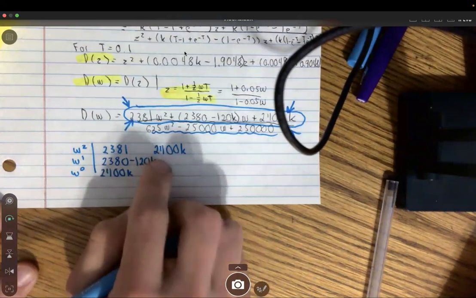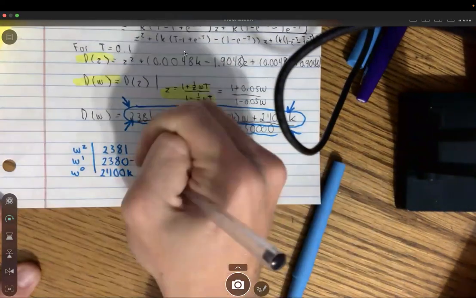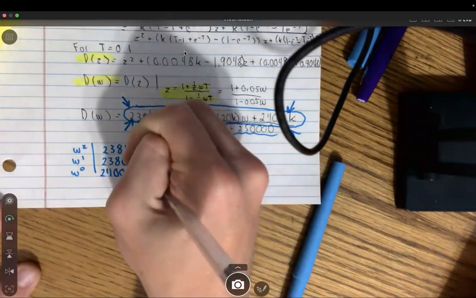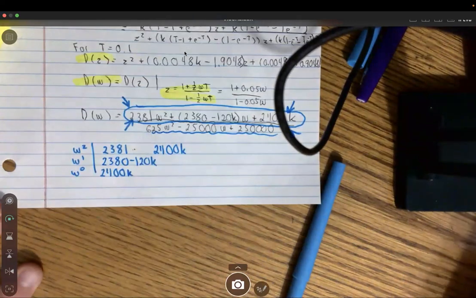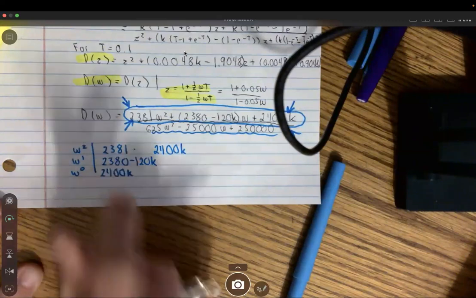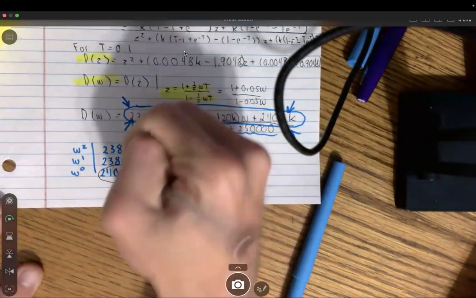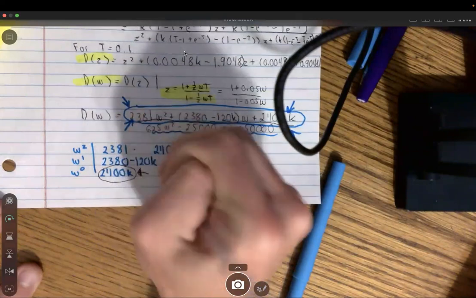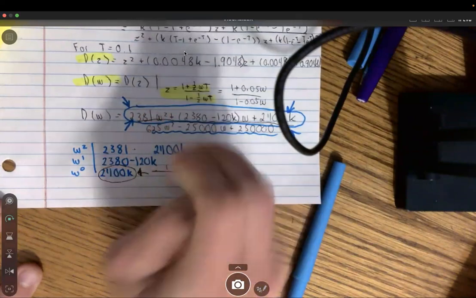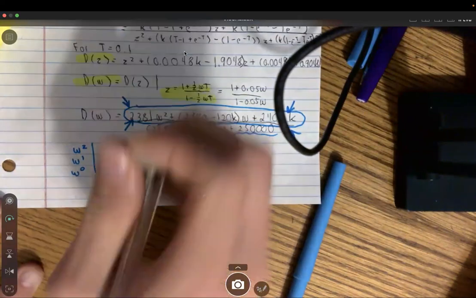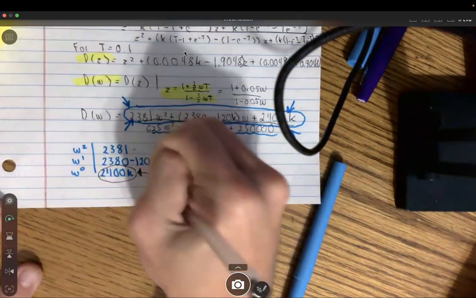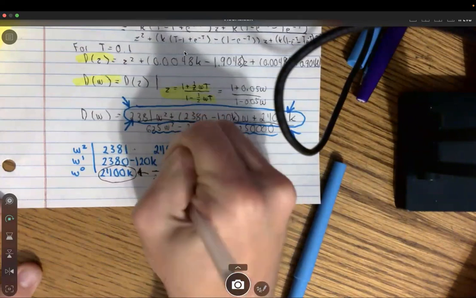If you remember from the Rothberts criterion, if you're trying to solve for this position right here, it's negative, and then it's going to be this column here. You do -1 over your bottom left corner one, which is 2380 minus 120K.